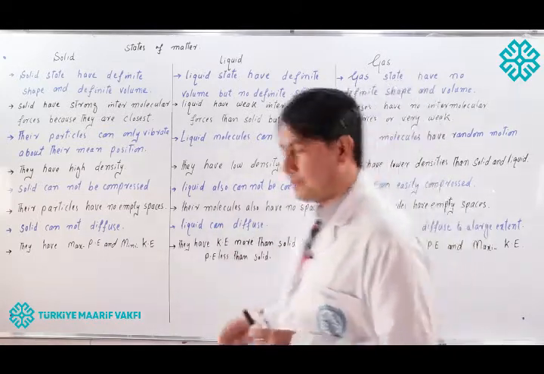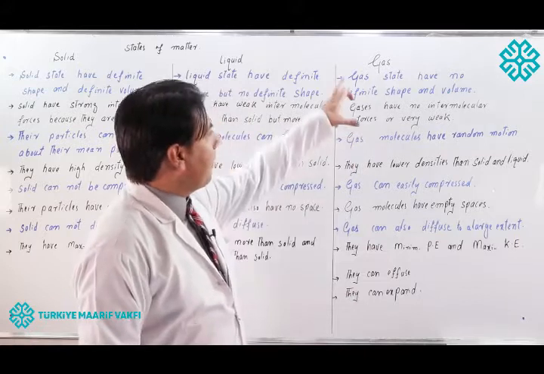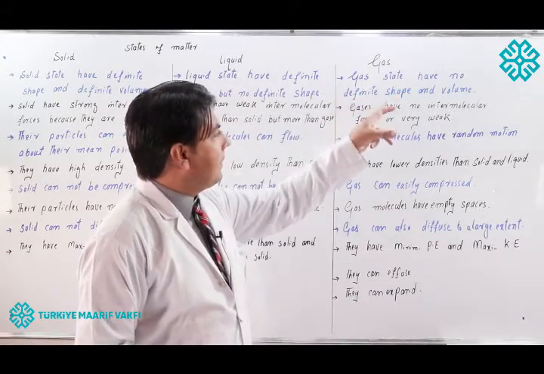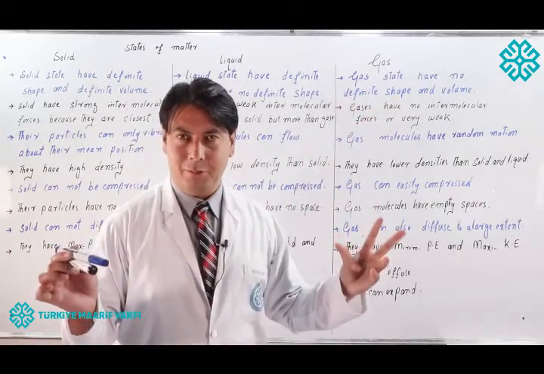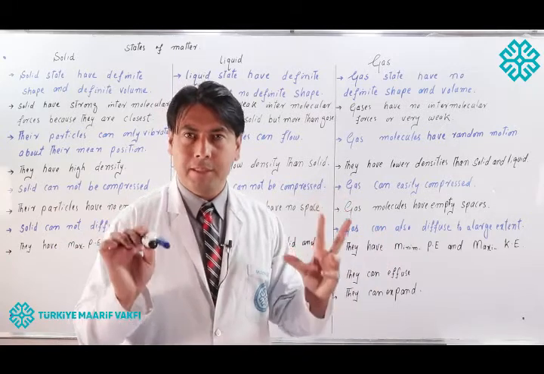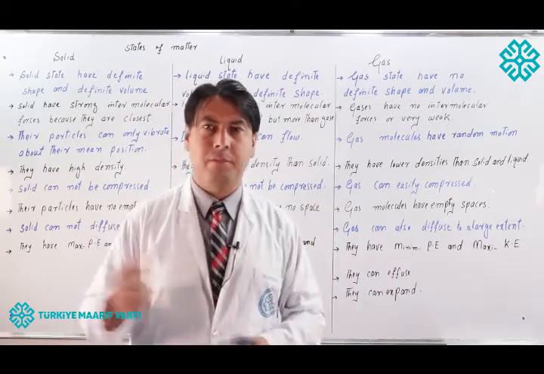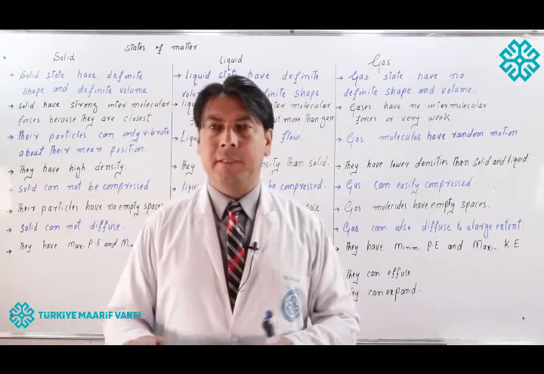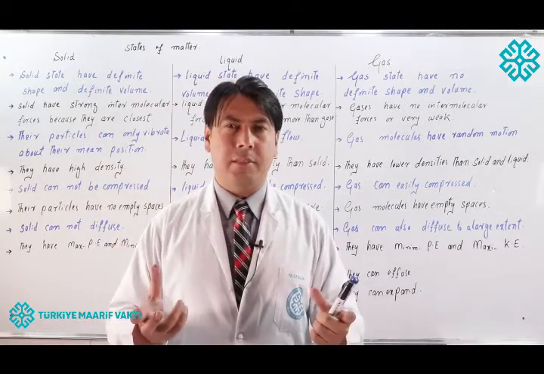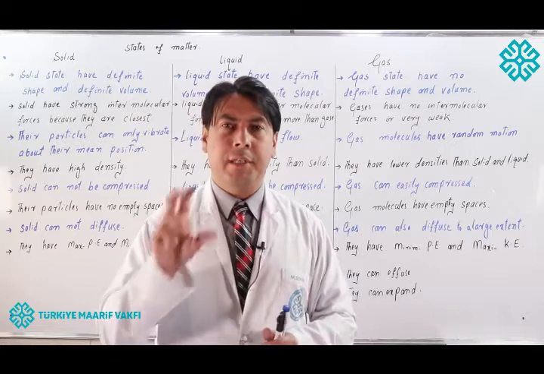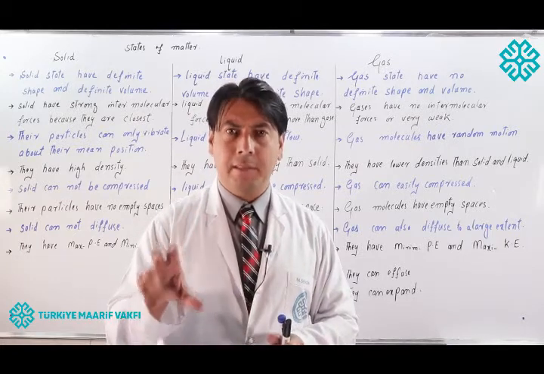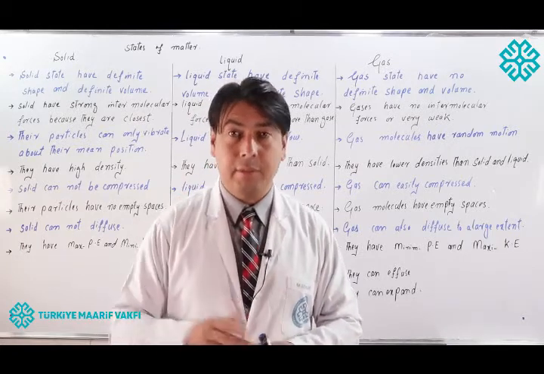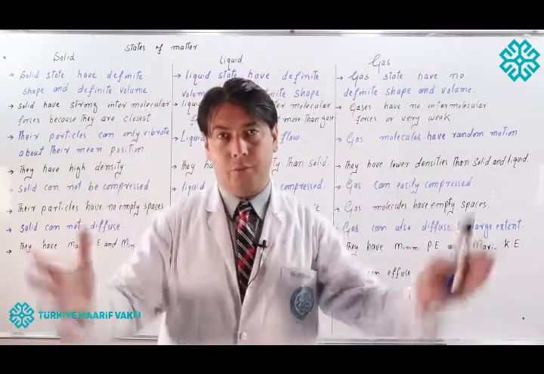Gaseous state. Gas has no definite shape and no definite volume. We know that the volume of the gas is negligible. If we take 1 kg gas in a 10 kg cylinder, it can occupy the whole volume.